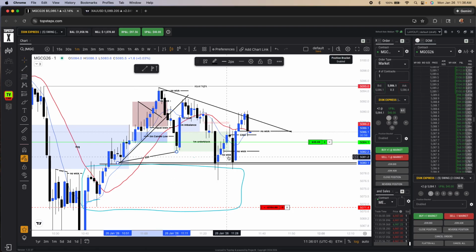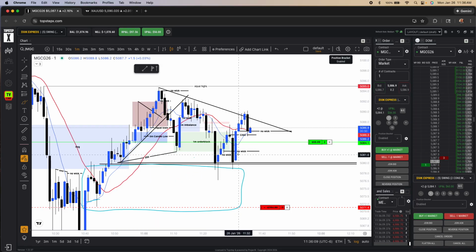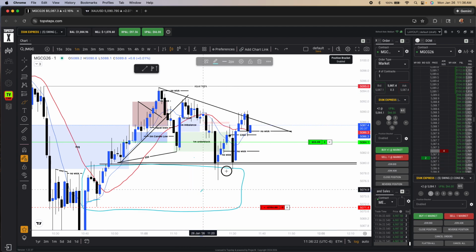I think that's the only time people really use it. So we swept liquidity right here in this area. And then this was a down candle. Now this is the last down candle before the push up. So we did get a change in the state of delivery. Now we're kind of following this trend line to the upside.